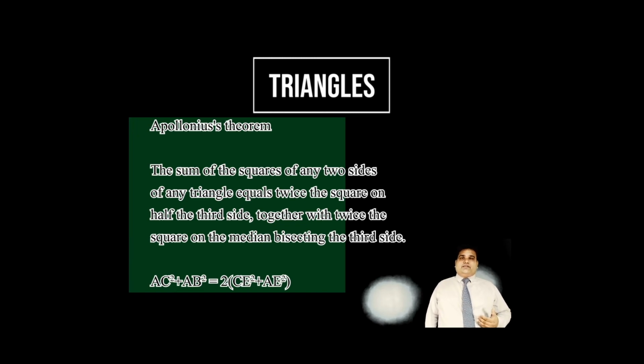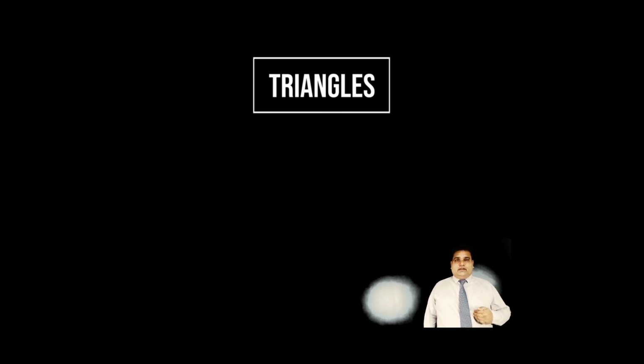You can easily understand from the diagram that AC square plus AB square equals 2 into CE square plus AE square. That theorem is known as the median theorem or Apollonius theorem.